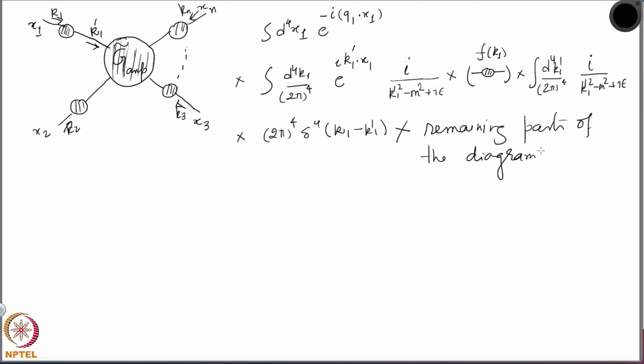I'm writing diagram a bit loosely because you have to actually add up all the diagrams, so it is not just a diagram, but rather the sum of all the diagrams.